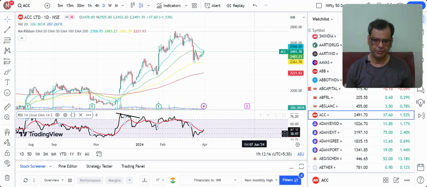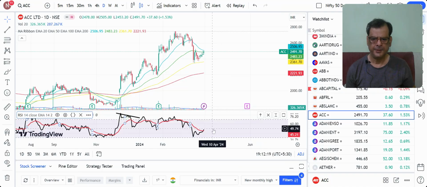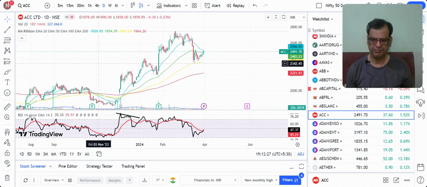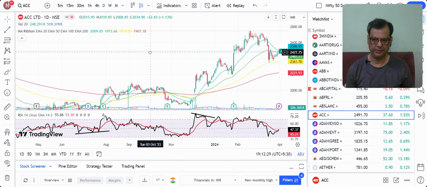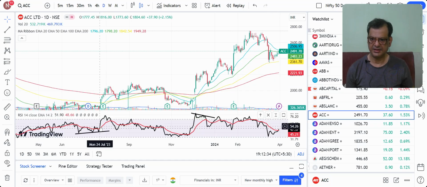Now, let's come to the middle band, RSI 50. Basically, when the price is above RSI 50, price is in a strong uptrend. Can you see here? RSI is 51 and price is in a strong uptrend.